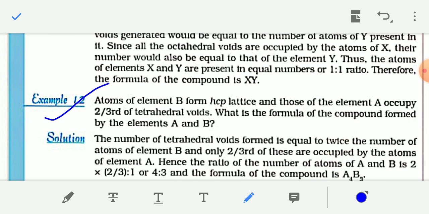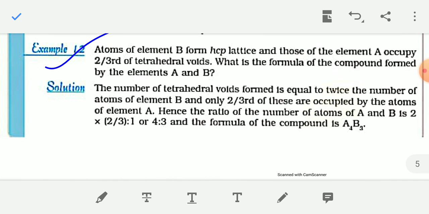Then the number of tetrahedral voids will be 2n, and 2/3 of 2n is occupied by element A.